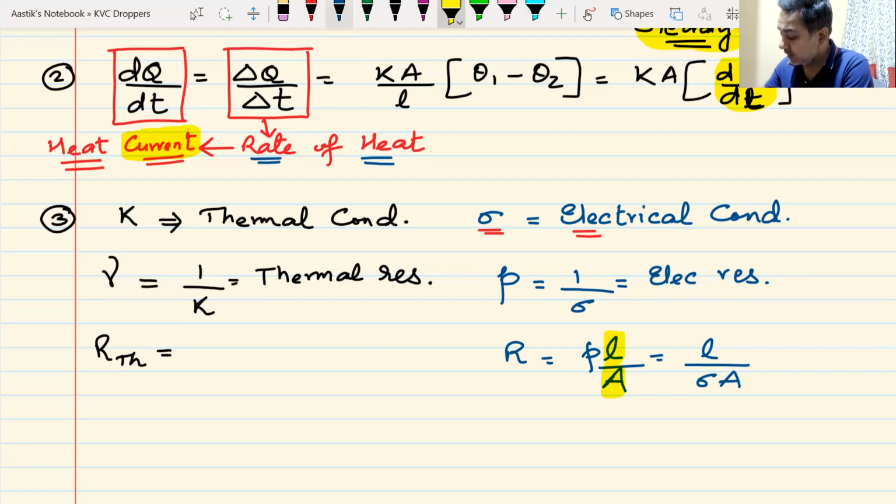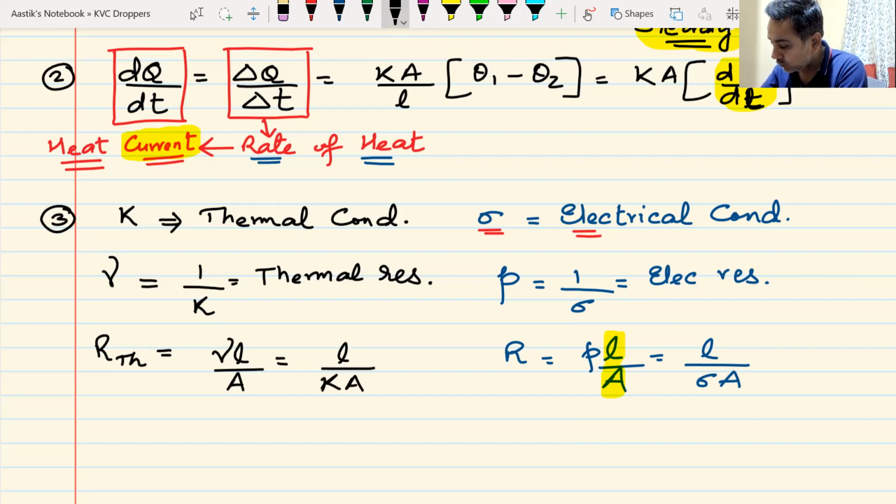Should not take so long. The formula for thermal resistance would be gamma L by A. Now, in this chapter, we might not be using this formula. Instead, I'll be using the other one, and that other one will be L divided by Ka. Do we understand this?